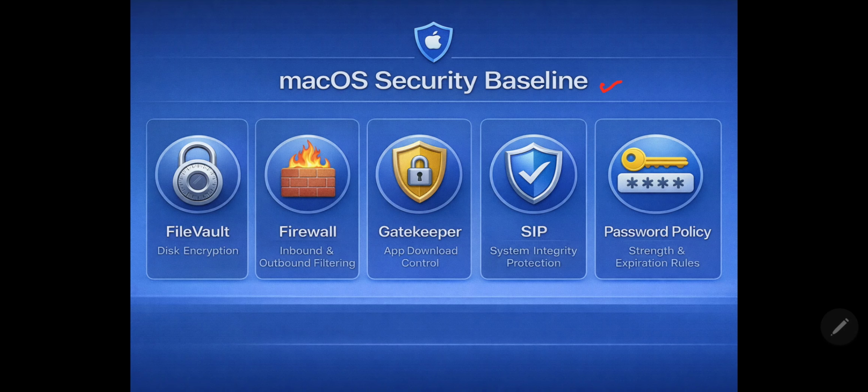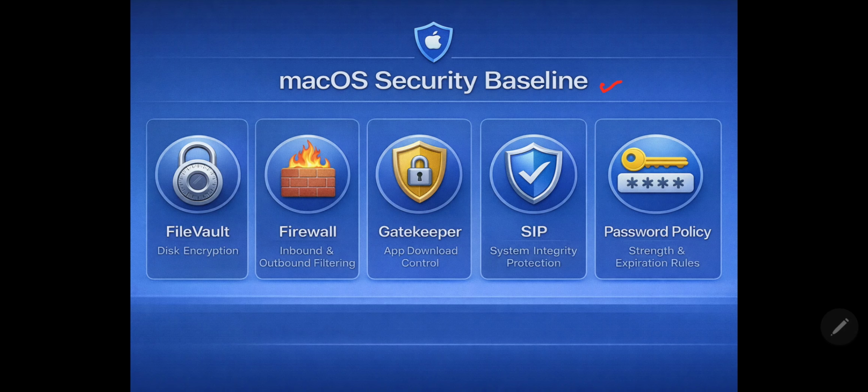The macOS security baseline serves as the minimum recommended security configuration for both personal and enterprise environments, and it can be further strengthened using Apple Business Manager and mobile device management solutions.